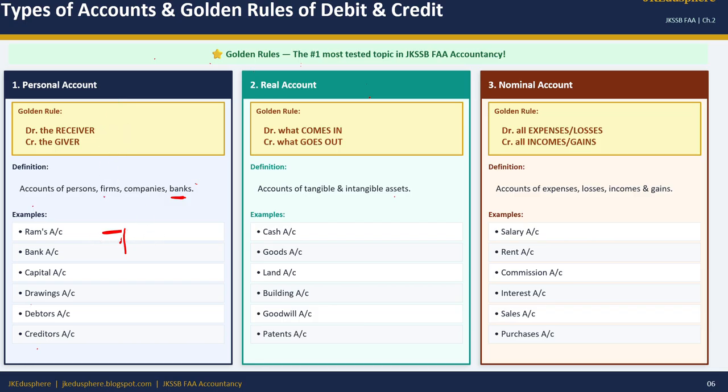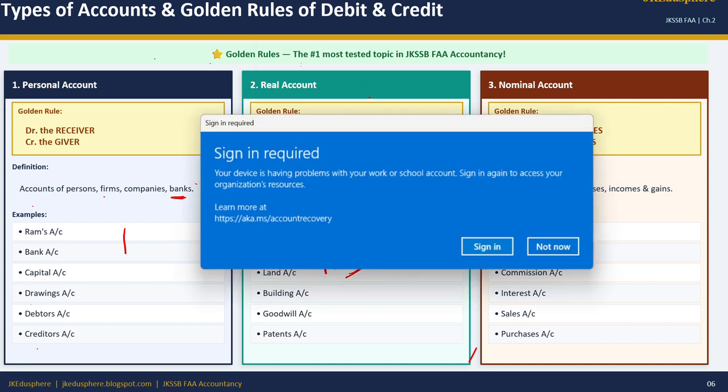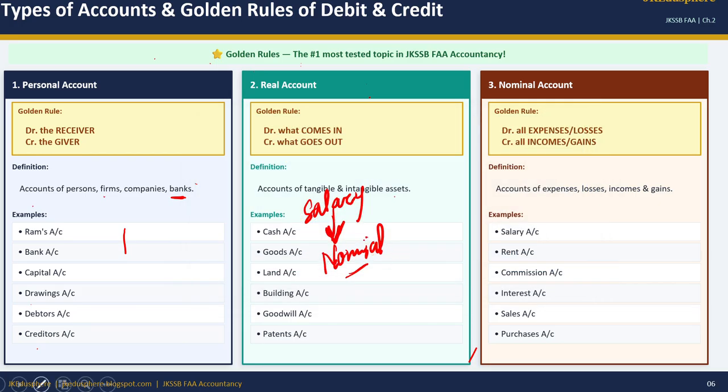And the next part is some examples. If Ram's account is given, we will say it's a personal account. And if salary account is given, for the business owner, for the business, it's an expense. So what will salary account be? It will be nominal account, because in nominal account only the salary is recorded.